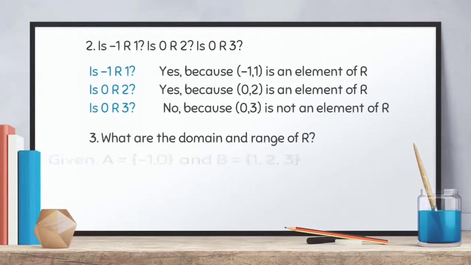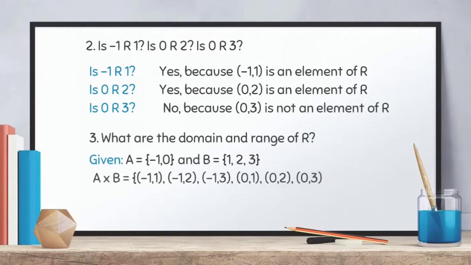So let's recall our givens. A is equal to {-1, 0}, and B is equal to {1, 2, 3}. And then we're going to recall again our Cartesian product, and that would be A cross B is equal to (-1, 1), (-1, 2), (-1, 3), (0, 1), (0, 2), and (0, 3). So for our domain, we're going to list all our x's, and that would be -1, 0.